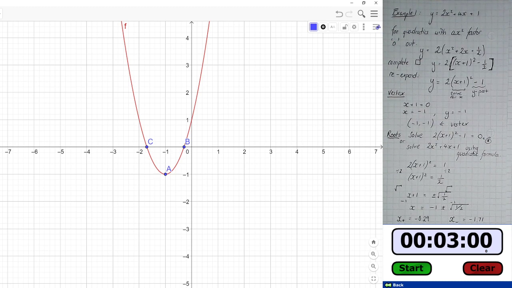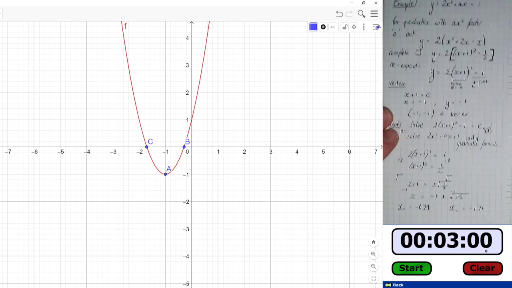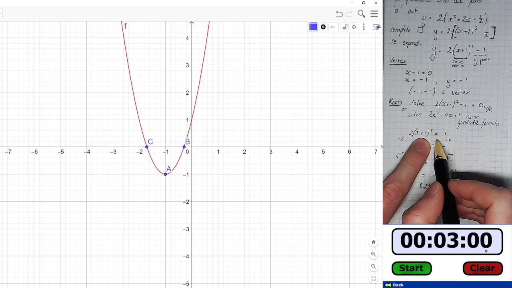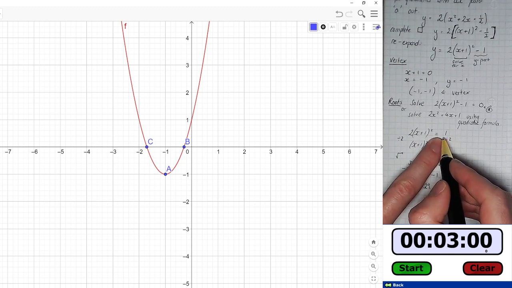Now, something to watch out for. If you get to this point here, and you get a negative number here, then you will have no roots.